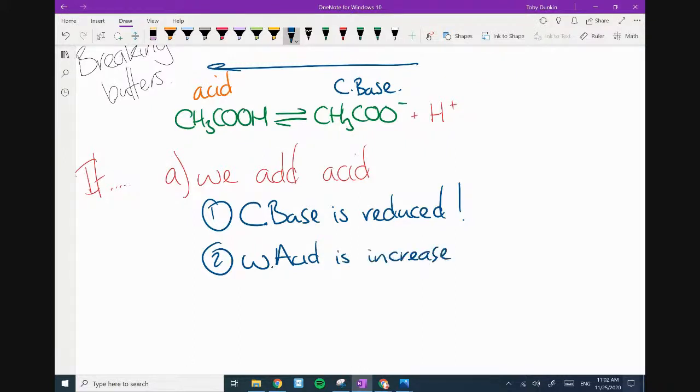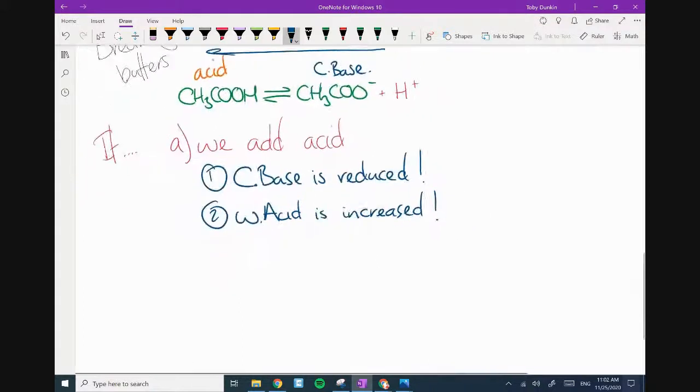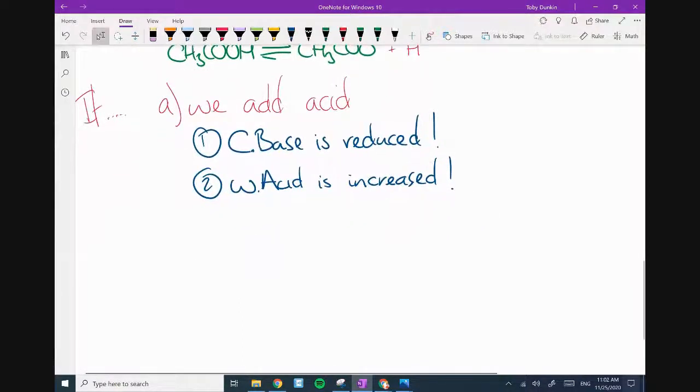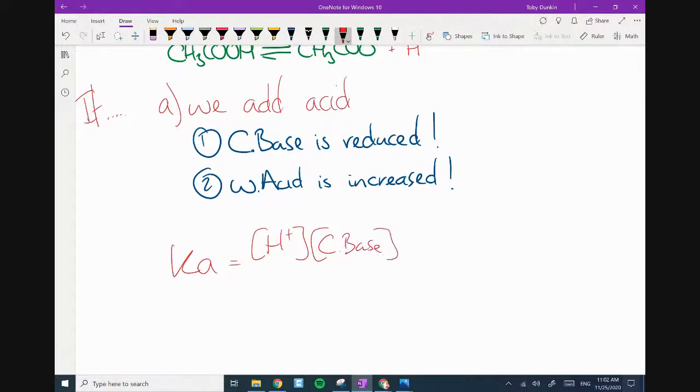Now, what we can do is look at this from a roadmap perspective. If we write out the Ka expression, we have the salt, the conjugate base, over the weak acid.